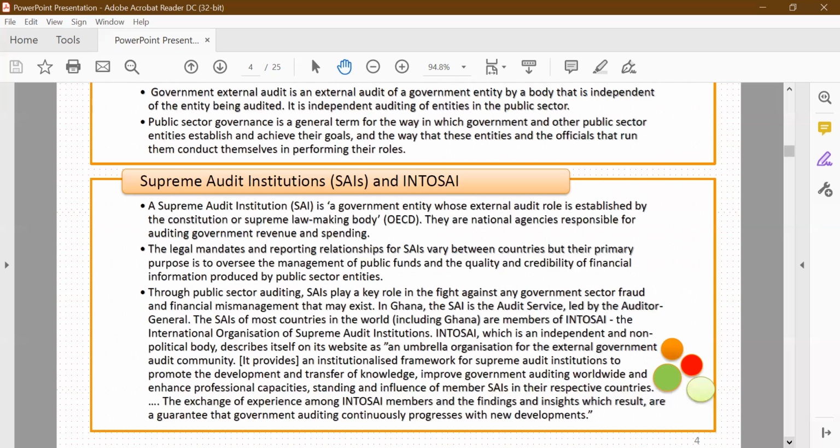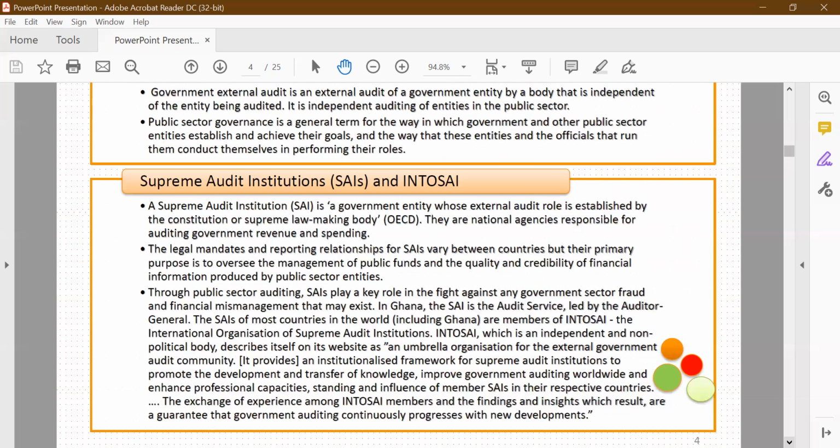Now, the supreme audit institutions are usually members of what we call, in short, INTOSAI. The SAIs of most countries in the world, including Ghana, are members of INTOSAI. And what is INTOSAI?